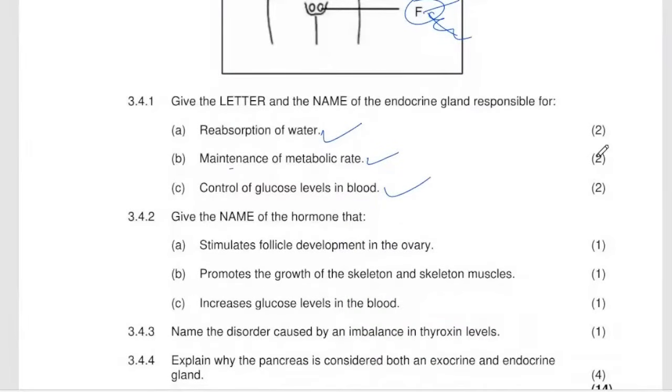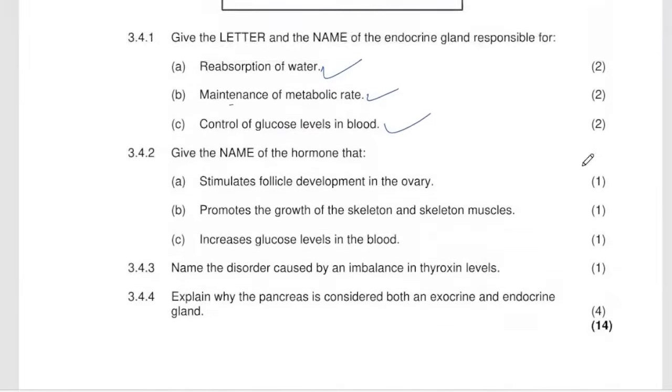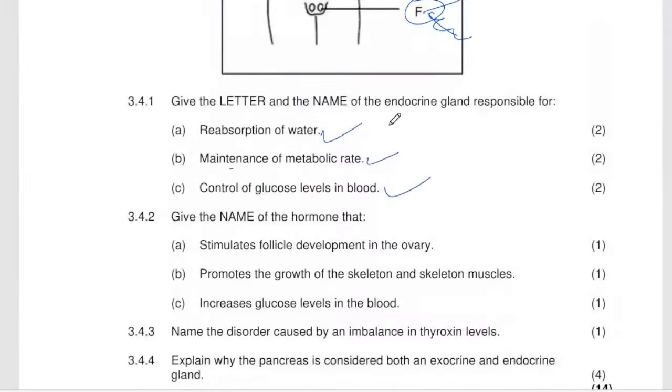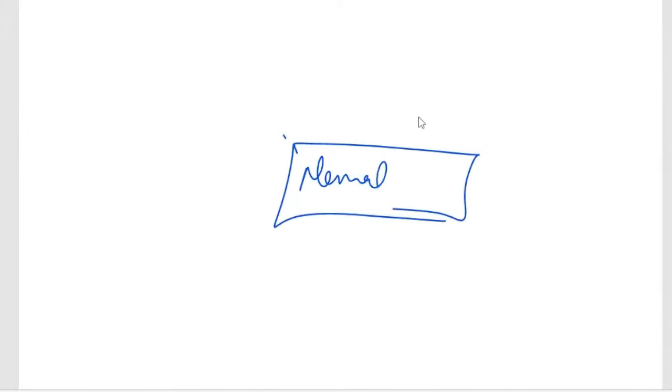So all this, remember, I told you that make sure that when it comes to this negative feedback mechanism, you start with the normal level, level of, for example, glucose in the blood.